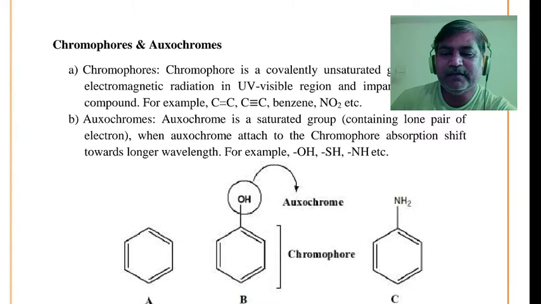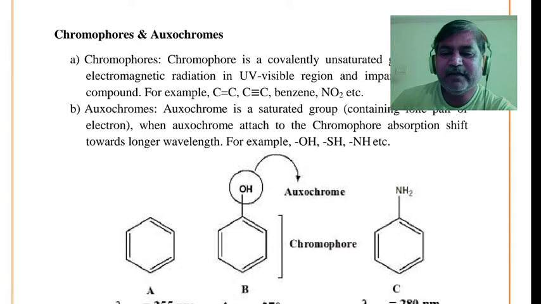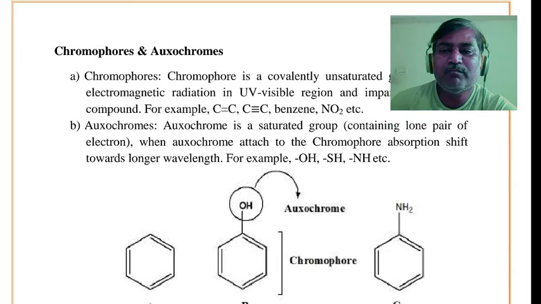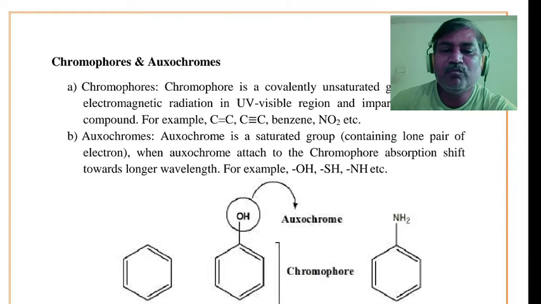In benzene, the structure shown, it contains a conjugated system, covalently bonded system, and it is able to absorb some of the light radiations in this region. Such particular compounds or groups of compounds are known as chromophores.